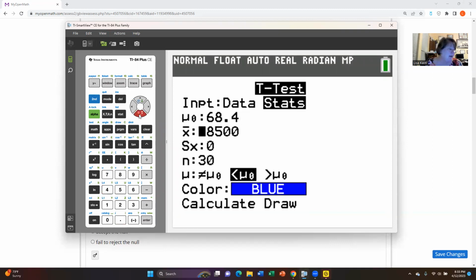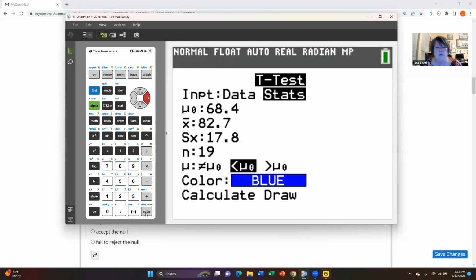The mean of the sample that we collected was 82.7. The sample standard deviation they gave me is 17.8. And the sample size, we took a sample of 19. All right, is this not equal to, less than, or greater than? Go look at the alternative hypothesis, which is greater than. So we're going to select greater than, and then I'm going to calculate.